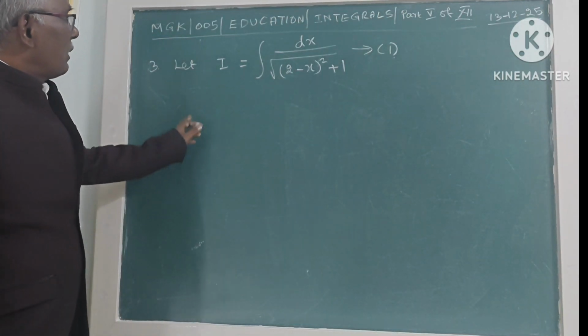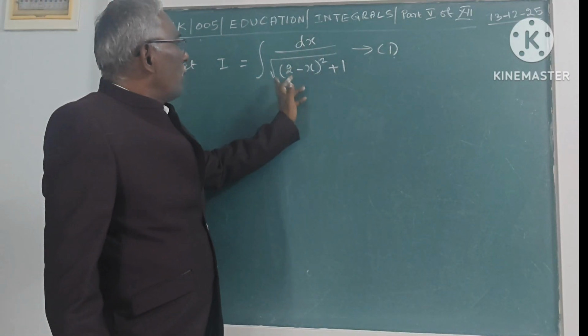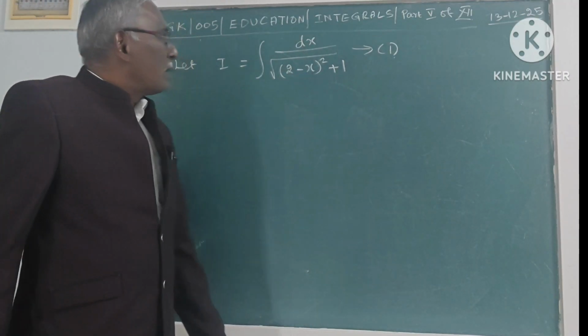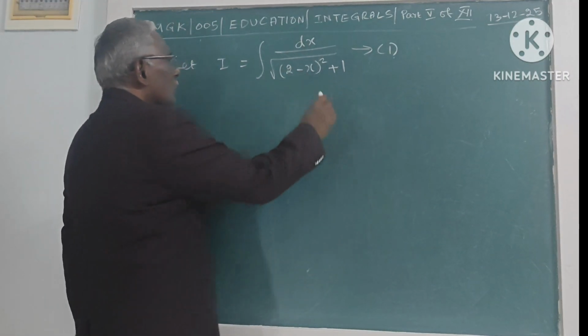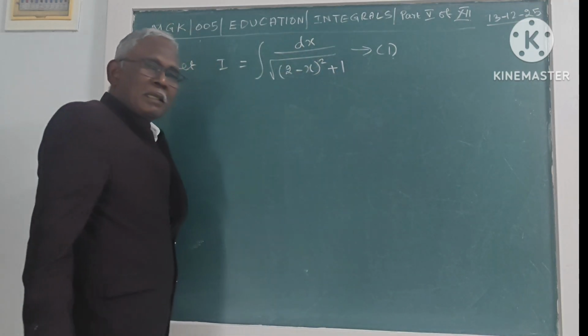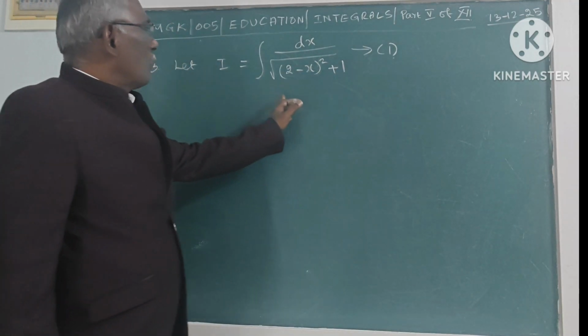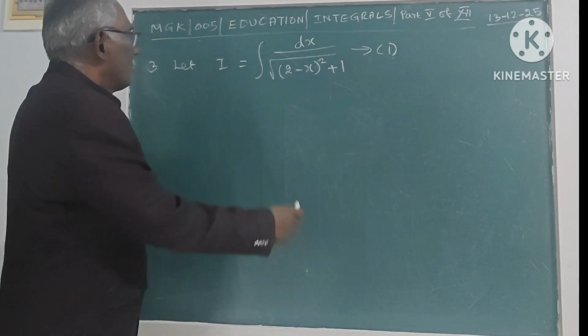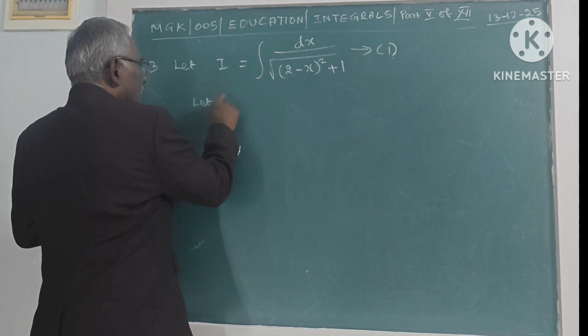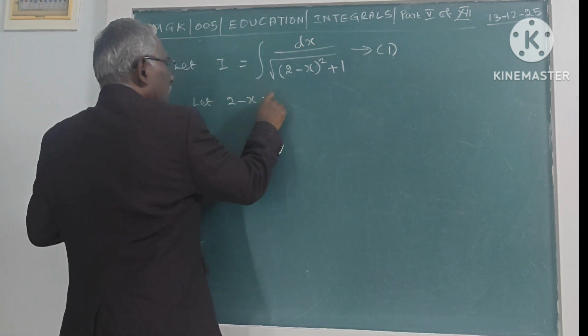So in this case we have to find the value of integral dx by square root of 2 minus x whole square plus 1. So let us take 2 minus x as y. Let 2 minus x is equal to y.